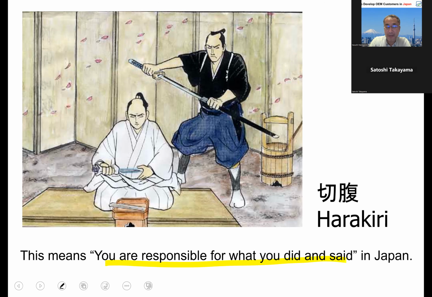That's why our culture is masculine, and also we are risk averse because we don't want to commit suicide. So we still have that kind of obsession in our minds. Nowadays we don't need to commit suicide, but mentally we have to do that.